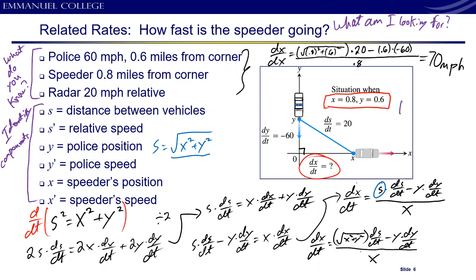This over here was the draw a picture or sketch. It gave you an idea of what I am looking for, and it put it in context.